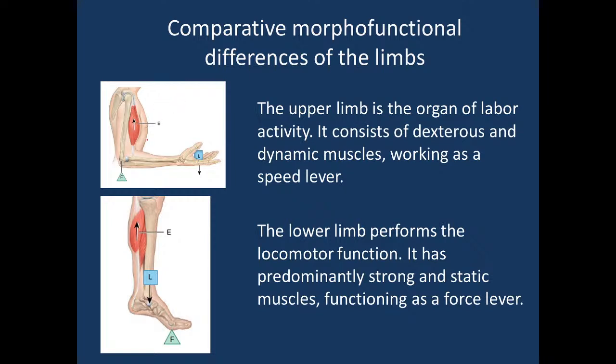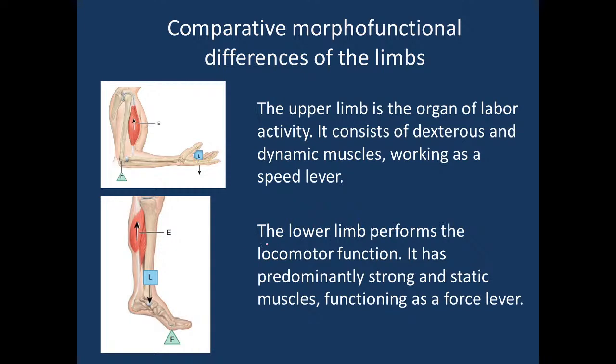The upper limb consists of dexterous and dynamic muscles, and they work as a speed lever. It means that the movement is quick, but the power is weak. It is a poor power.